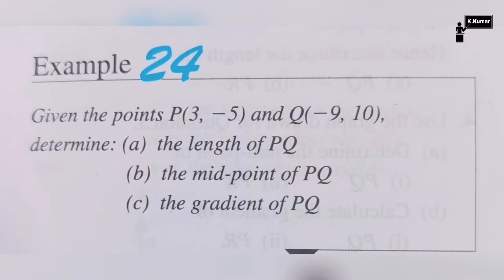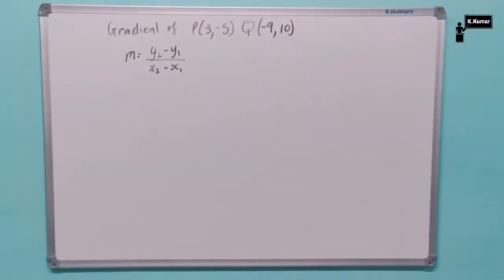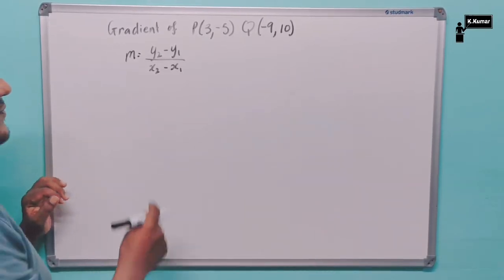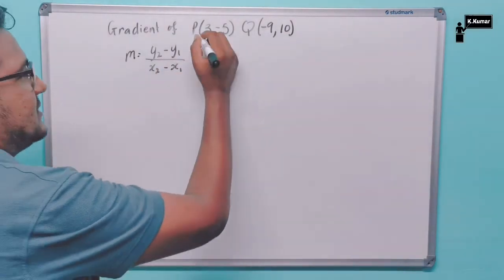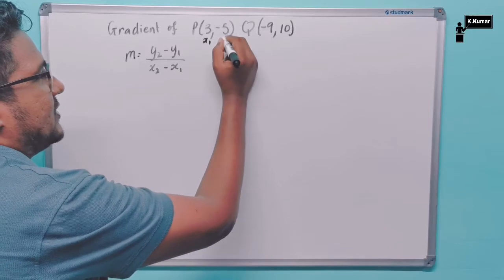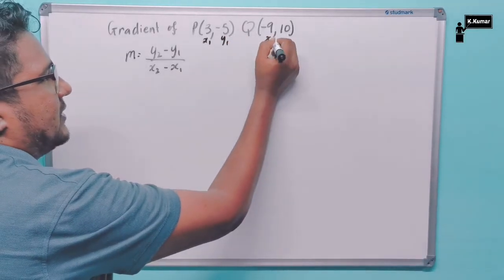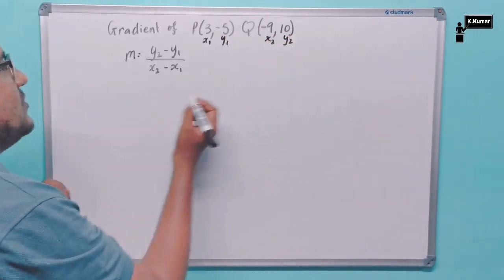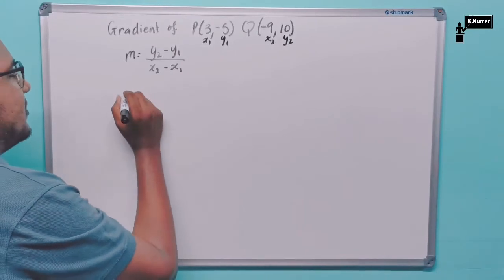We're now going to work the C part of the question, and that is the gradient of PQ. The example, gradient of, you have the 2 points there, P (3, negative 5) and Q (negative 9, 10). You have the formula here, so let's just get our points. So this is going to be x1, y1, x2, y2. Put them into the formula.